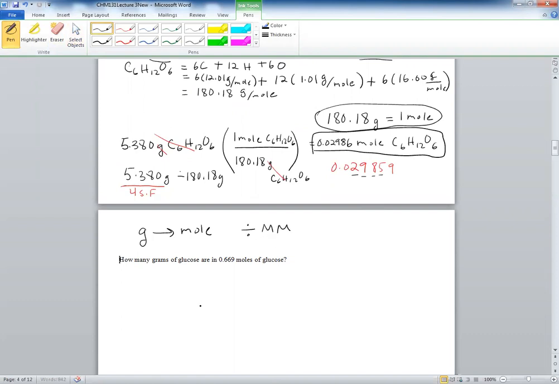MM stands for the molar mass. Now, what I need you to do is do the next one, still glucose. And of course, determine how this would now look if you're going from moles to grams.